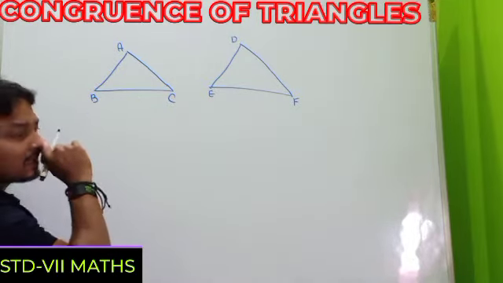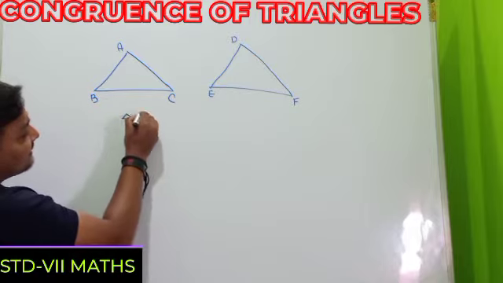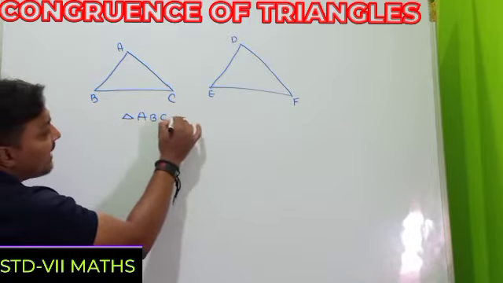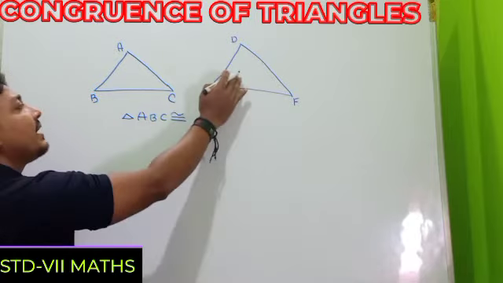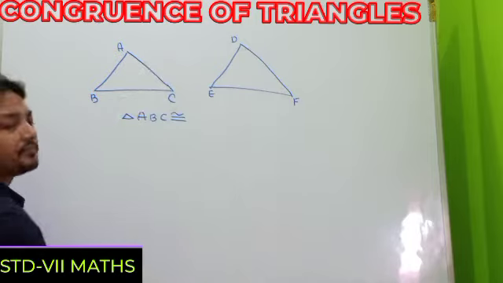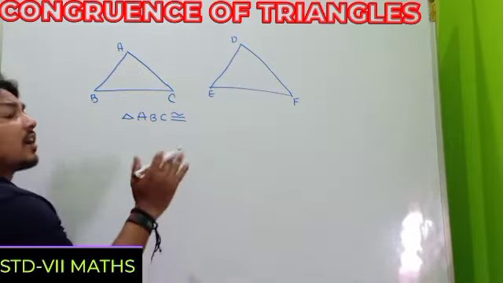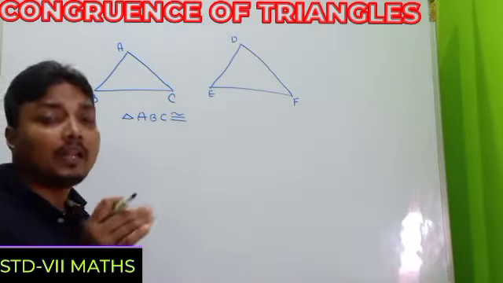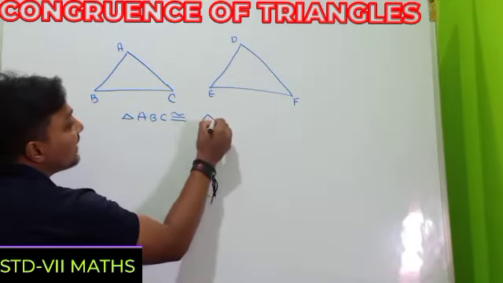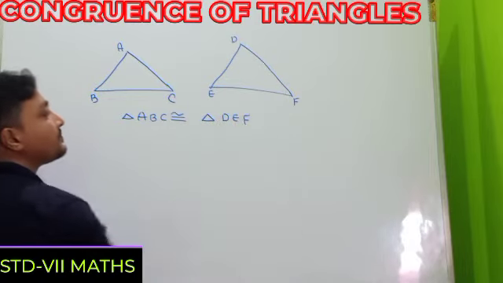Listen, suppose I am saying triangle ABC, whenever I am superposing, keeping this one over this one, I found that both cover one another completely. Then I can say triangle ABC is congruent to triangle DEF.